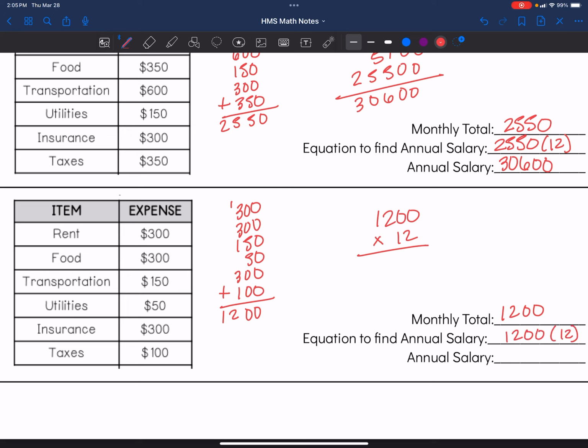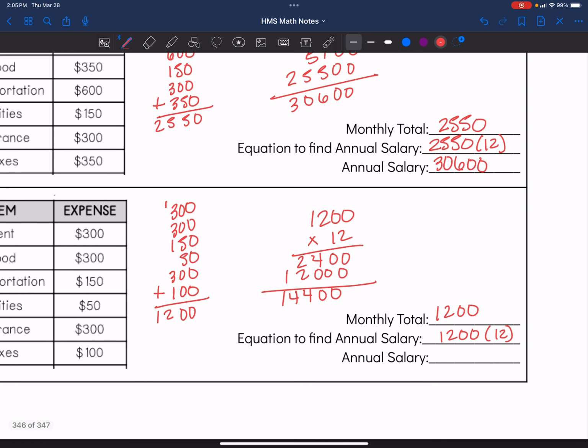Well, this is actually mental math because 12 times 12 is 144, and then you put 2 zeros at the end. Yep. So this household would need to earn a minimum of $14,400, which is pretty good.